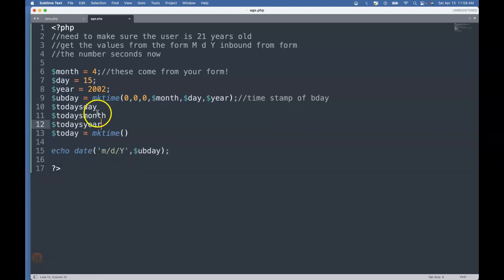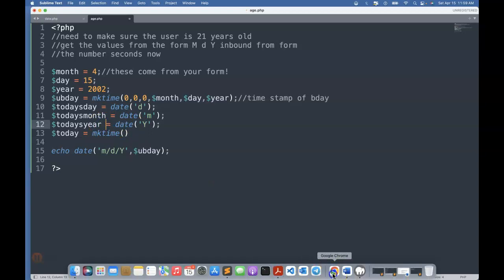So we're going to do today's day equals date, and it needs to be numeric. So we've already done the date timestamp, which is d. And month equals date m. And then the last one would be the full 4-digit year, which is date Y. Where are these?